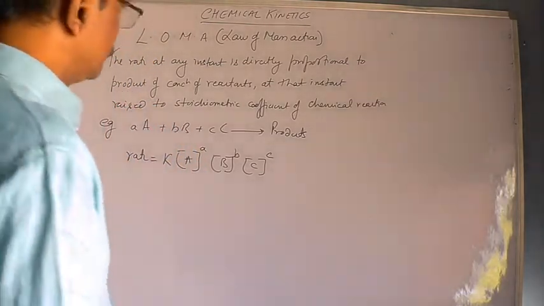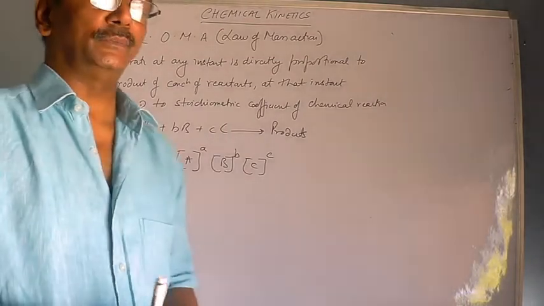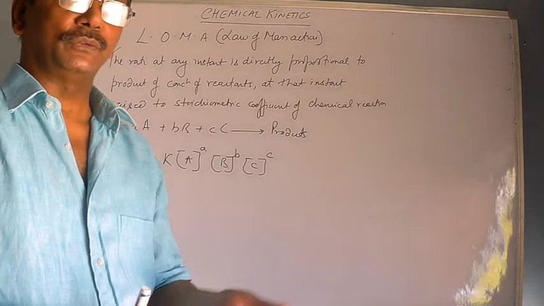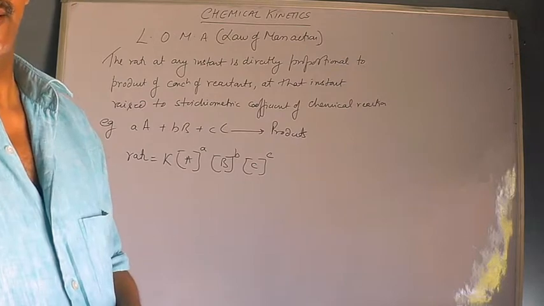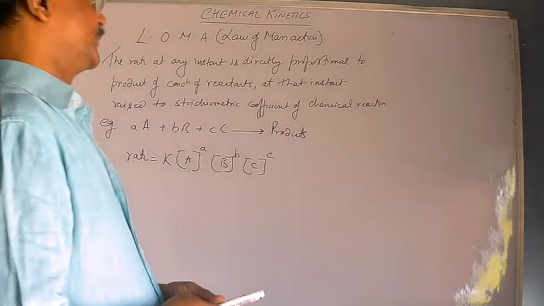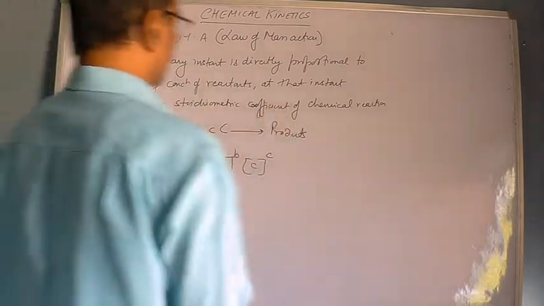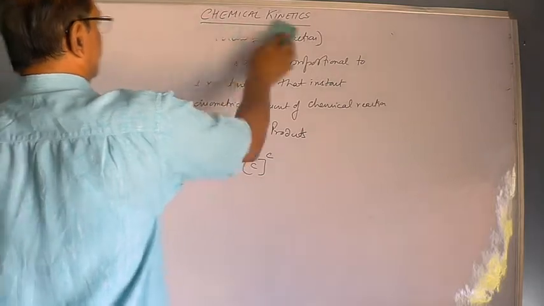You can also learn it this way: the rate at any instant is directly proportional to the concentration of the reactant. If the concentration of the reactant is more, the rate will be more. If the concentration of the reactant is less, the colliding species will be fewer, and hence the reaction rate will also be less. So class, now we'll move to our next topic, collision theory for reaction rate.